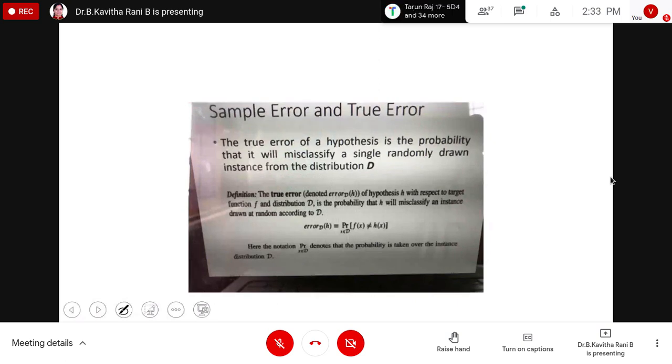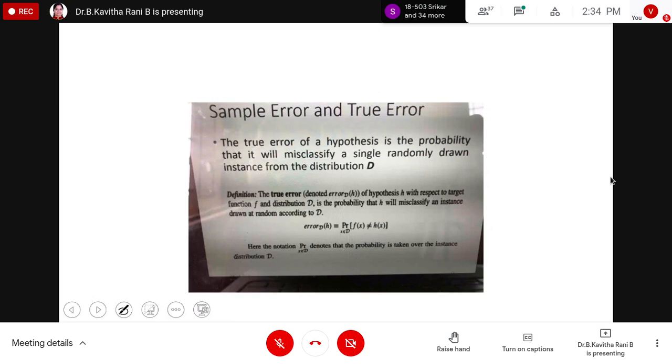If the model is misclassifying it, then that is called error. Unseen data is given, and the model predicts a misclassification for that particular hypothesis, then that is called true error.